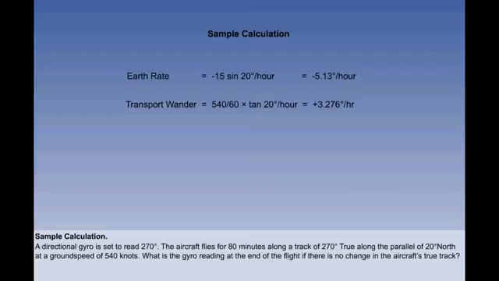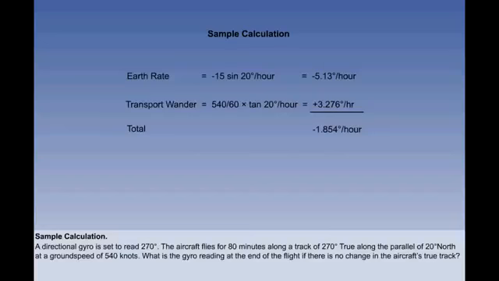And we know the mathematical sign for transport wonder in a westerly direction in the Northern Hemisphere is plus. Both Earth rate and transport wonder are relevant to the final reading on the gyro. So adding Earth rate and transport wonder together, we get a total of minus 1.854 degrees per hour.